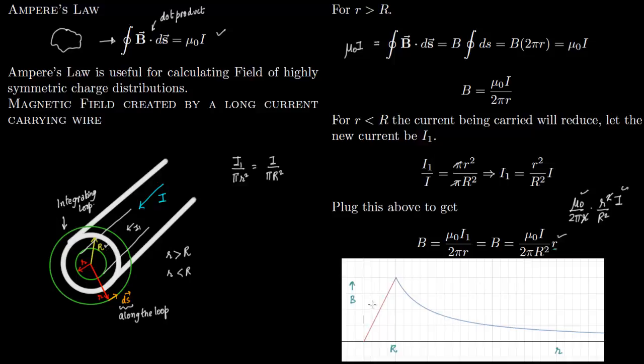This red line is inside the wire. This part is r less than R, and this part is r greater than R. Once you are beyond the radius of the wire, this formula kicks in. Here B is directly proportional to 1 over r, so as r increases, the magnetic field decreases.